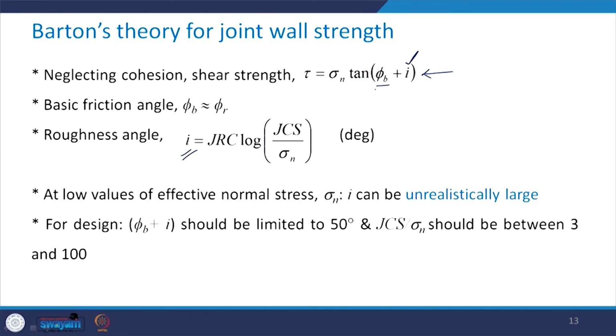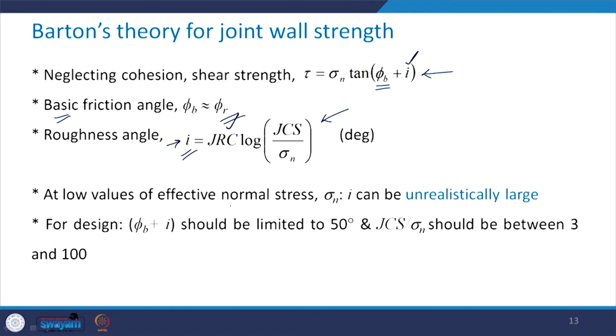So, this term is there, phi b, which is defined as the basic friction angle and is approximately equal to phi r, and the roughness angle is represented by i and given by this expression, where JRC is the roughness coefficient.